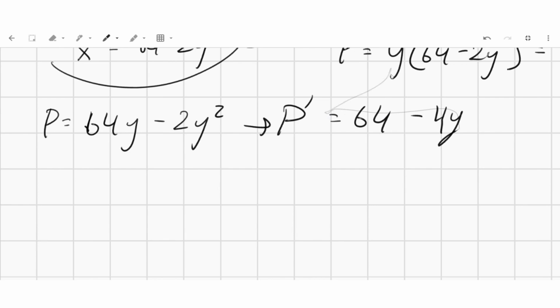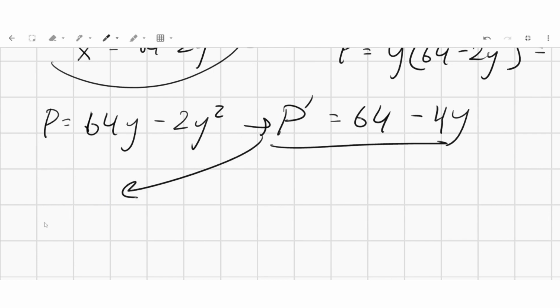So what we did here to find the derivative is multiply the power by the coefficient here. So 2 multiplied by 2 is 4, and then subtract 1 from the power, which leaves you with minus 4Y. After that, since we have P prime now, what we're going to do is replace P prime with 0.